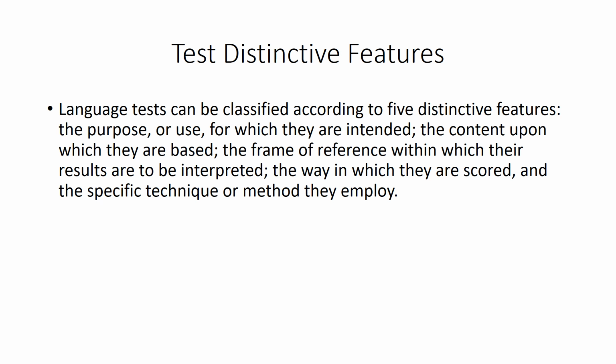Number three, the test has results, and these results need interpretation. According to which criterion you are going to interpret the results of your test is the third feature. Then this test also needs to be scored.